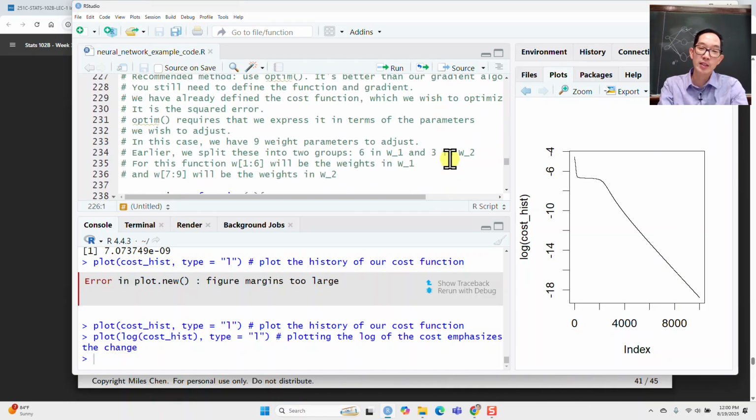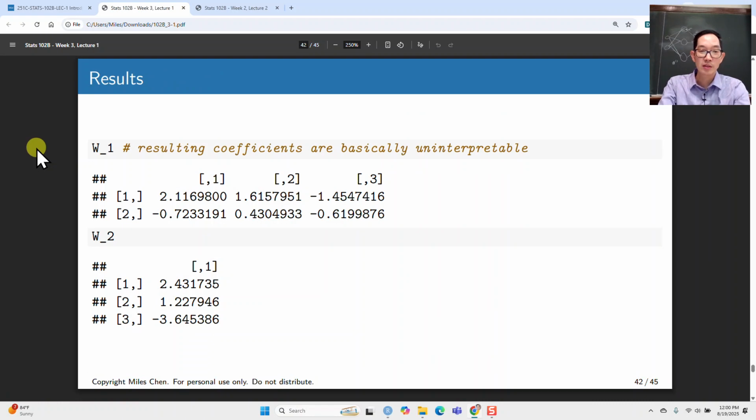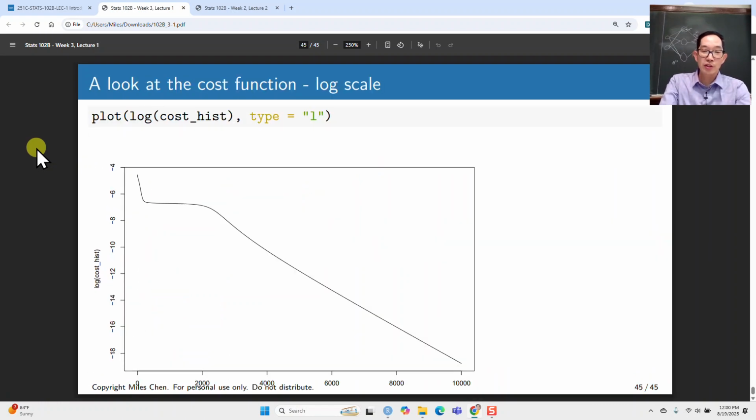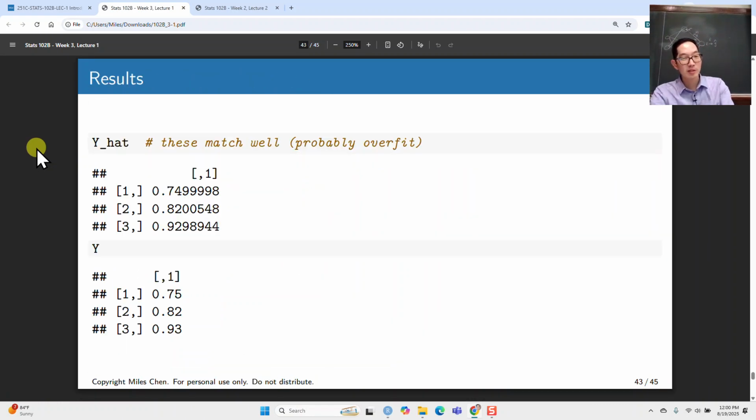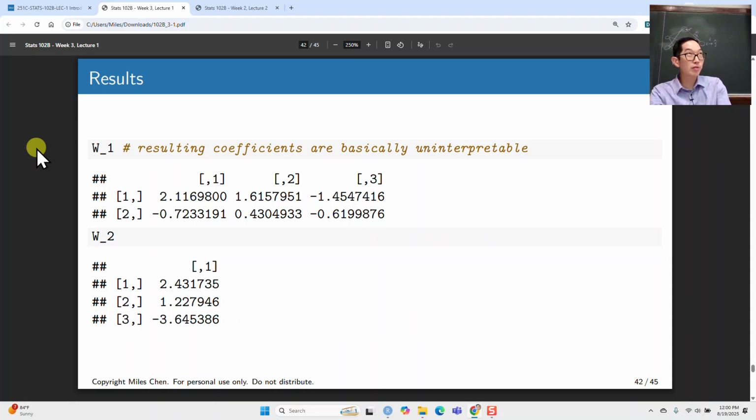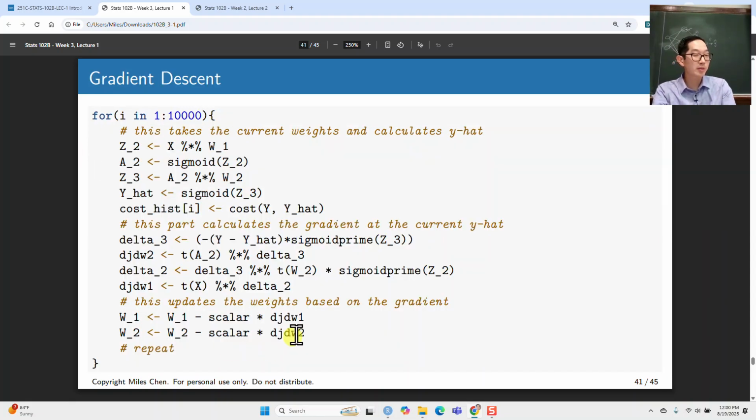All this is to show that as far as the process we use to train our neural network, there's no magic here. We're doing matrix operations and we're just multiplying things together.